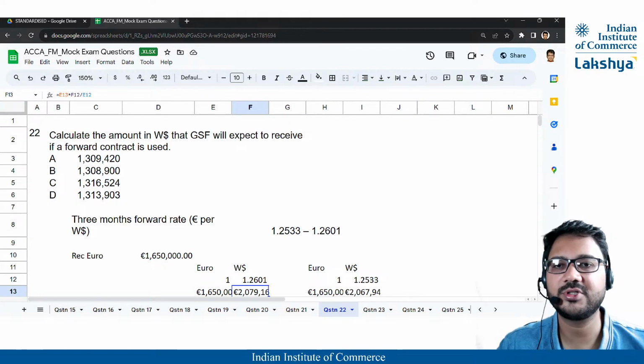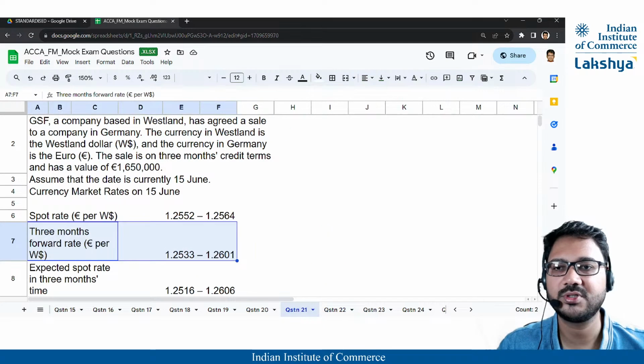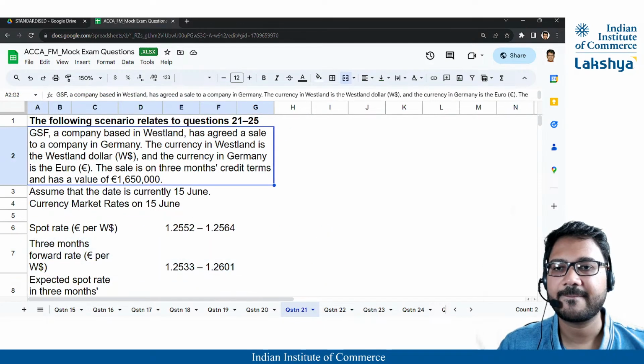Calculate the amount in W dollars that GSF is expected to receive if the forward contract is used. The sale is on 3 months credit term and has a value of $1,650,000.